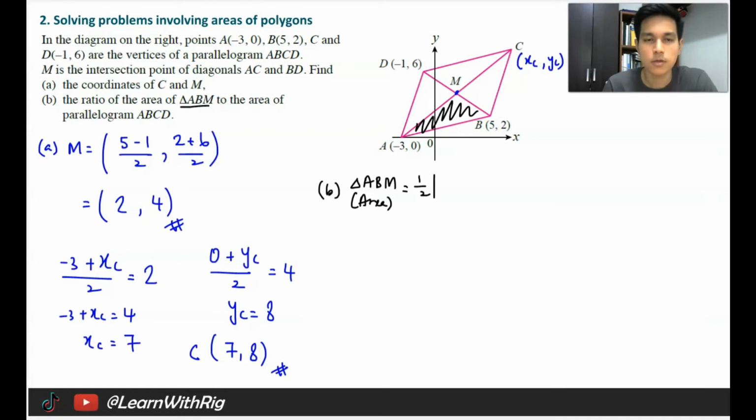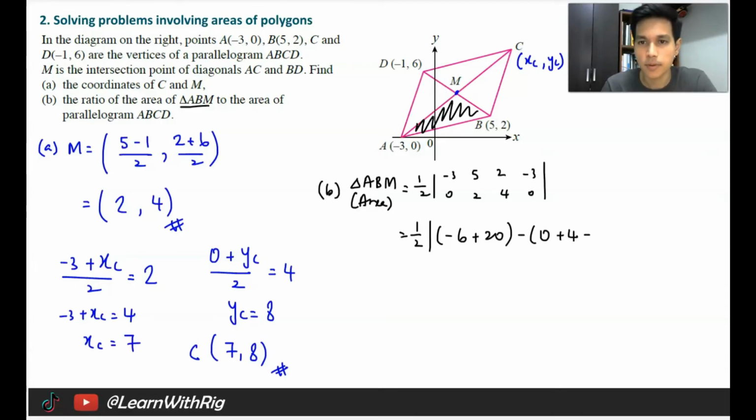1 over 2, and then A is negative 3, 0, and then you have 5, 2. The M value is 2, 4, and then repeat the first one, negative 3, 0. So you get 1 over 2. Okay, I'm just going to go directly. So negative 3 times 2 is negative 6 plus 20 plus 0, minus 0 plus 4 minus 12, equals 1 over 2.